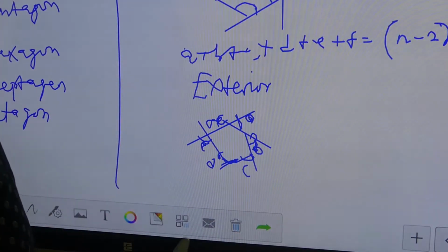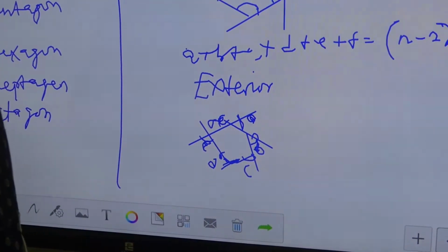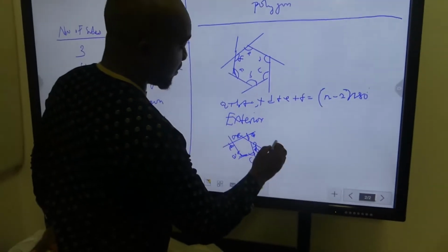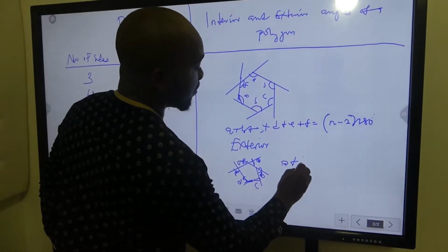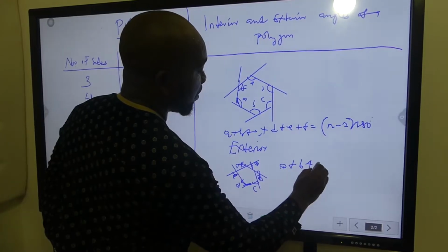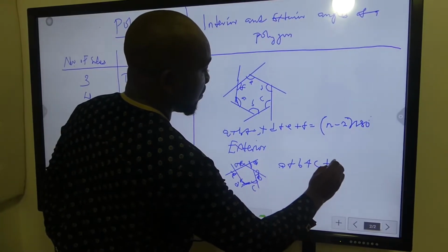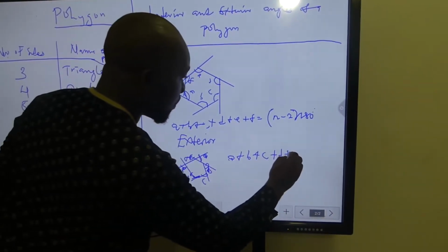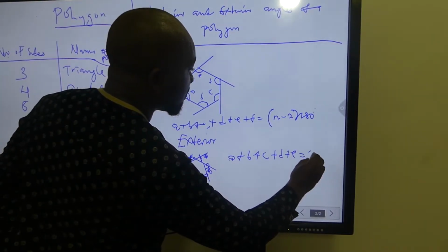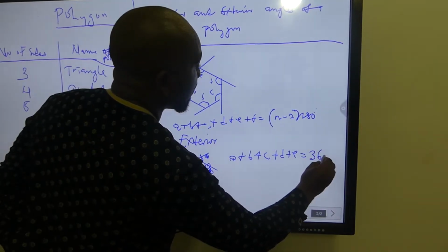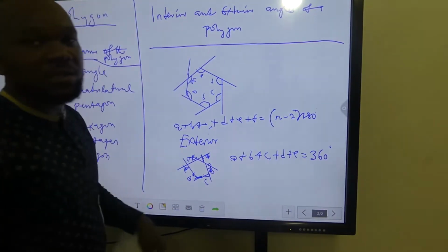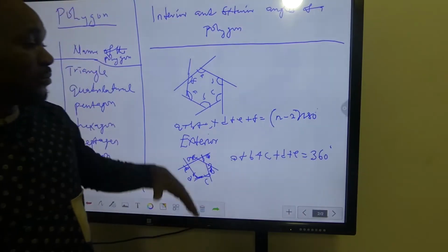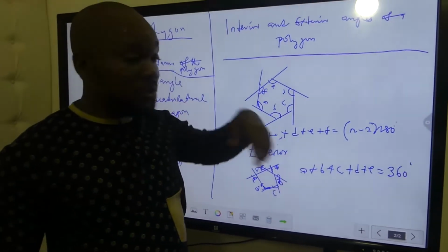Four right angles means 360 degrees; 4 times 90 is 360. Look at it: A plus B plus C plus D plus E is equal to 360 degrees. It is a constant. So see the difference between the two.